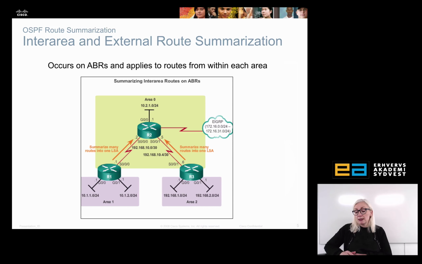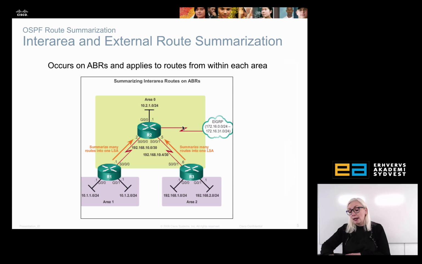So here, for instance, we can summarize these 2 routes down here and let our border router just send the summarized route instead of sending 2. So instead of having 2 routing table entries, we will have 1 instead. But of course, if we have a lot of different networks, then it's something that could be helpful for us.